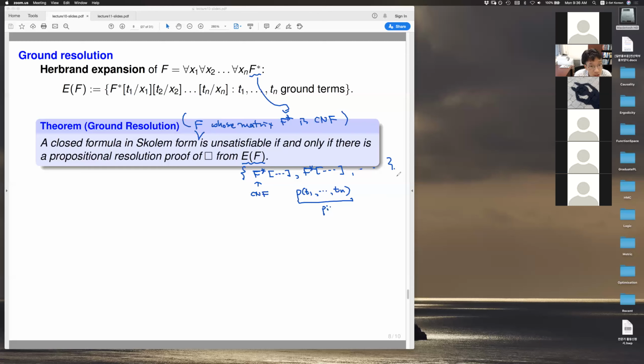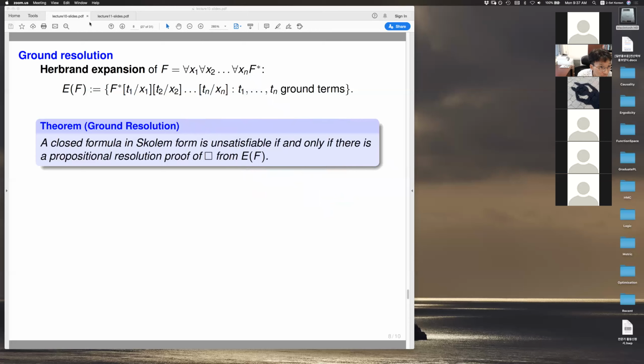But then the theorem says that this process gives a sound and complete methodology for checking unsatisfiability of F. I feel like I've just said something that makes you more confused. So the formula F is unsatisfiable if and only if there is a propositional resolution proof of this. The statement is a bit easier to understand than my explanation.